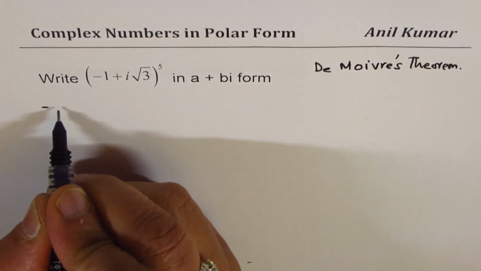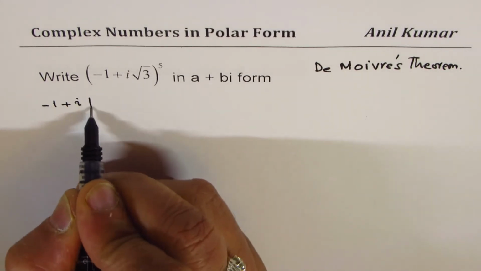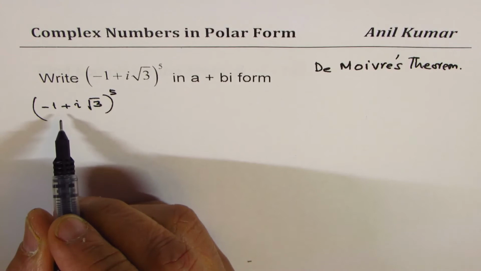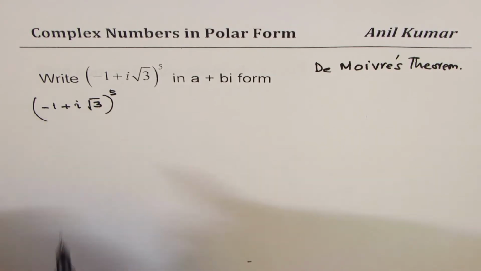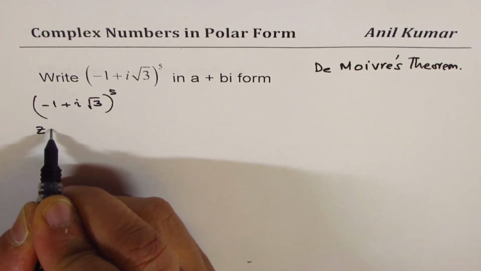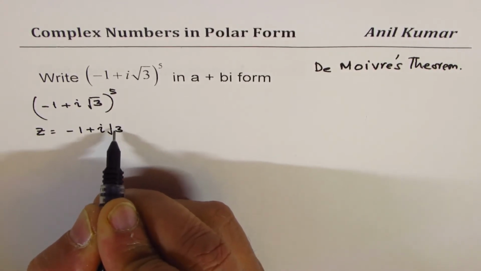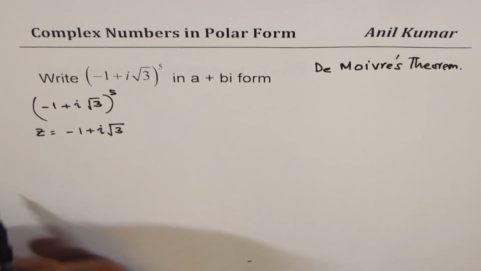We are given minus 1 plus i square root of 3 to the power of 5. If z is equal to minus 1 plus i square root of 3, what is the magnitude?